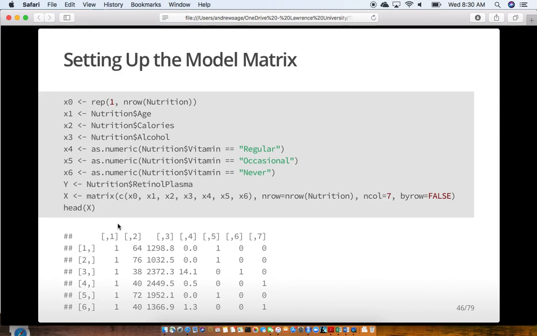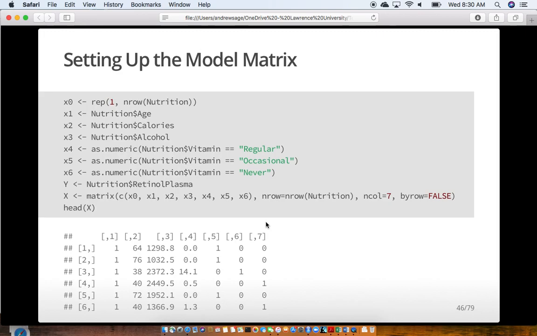Our first column represents the intercept terms, so we have all 1s. In our second column, we have the ages of the patients. The third column gives calories consumed per day. Column 4 is number of alcoholic drinks consumed per week. And then the next 3 columns represent either regular, occasional, or never taking vitamins.